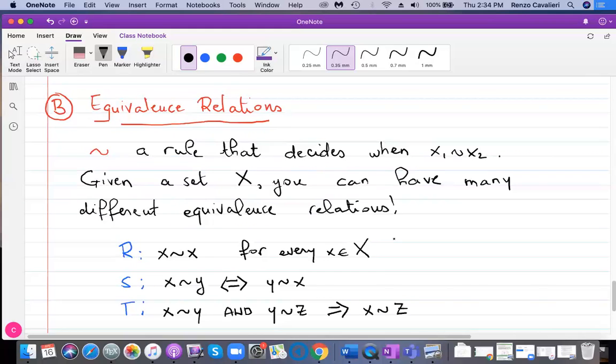And all possible pairs of elements of X walk up to you, and you tell each pair, you two are equivalent, you two are not equivalent, you two are equivalent, you two are not equivalent. If at the end of the day, once you've gone through all possible pairs, you've created a rule that satisfies these three axioms, then you've actually created an equivalence relation.